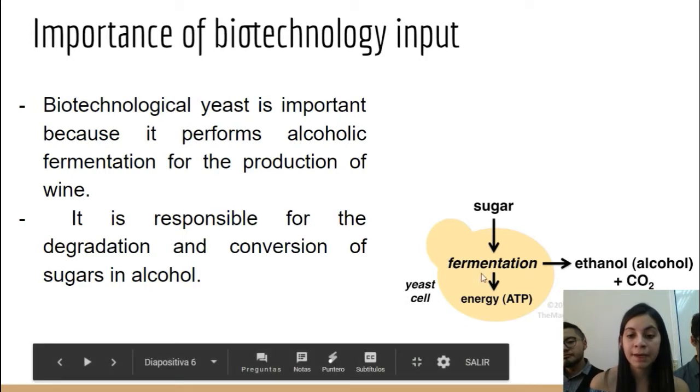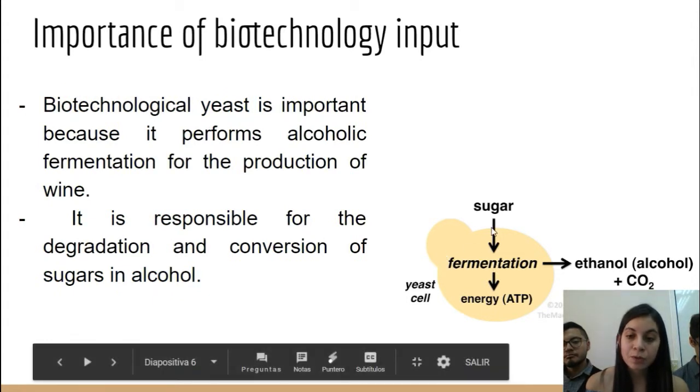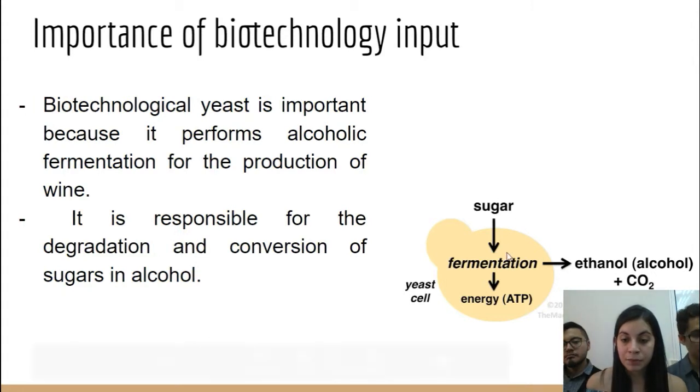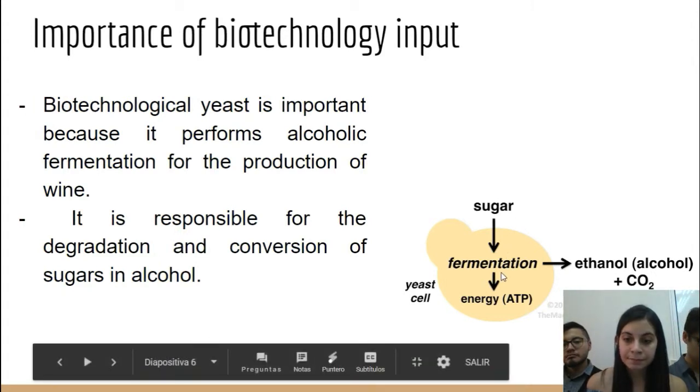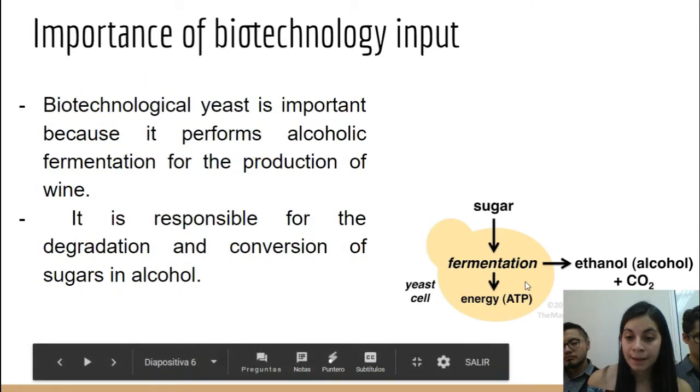Here we have a small diagram that explains that the yeast cell uses the sugar of the different fruits and produces a fermentation. The sugar is the substrate that releases the energy in the form of ATP, and the fermentation produces a reaction that creates ethanol and CO2.